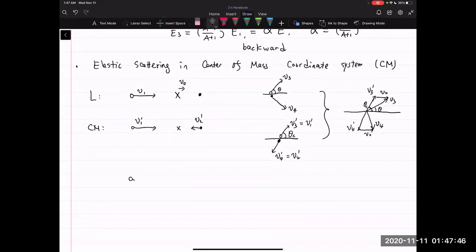So what is cosine theta? If you draw a dashed line, cosine theta will be this distance over V3. So what is that distance? That will be V0 plus V3 prime times cosine theta c.